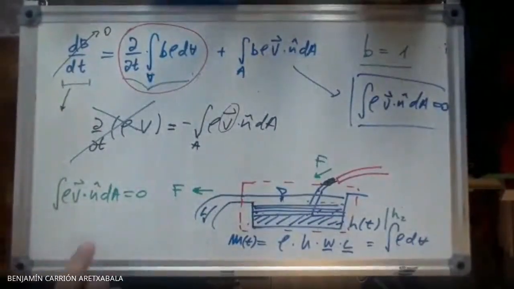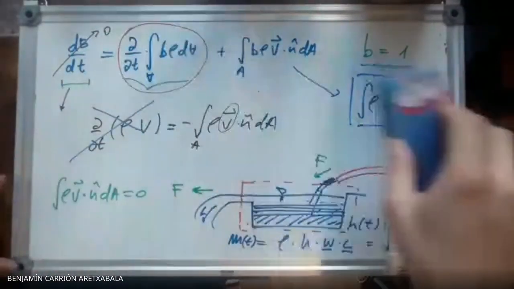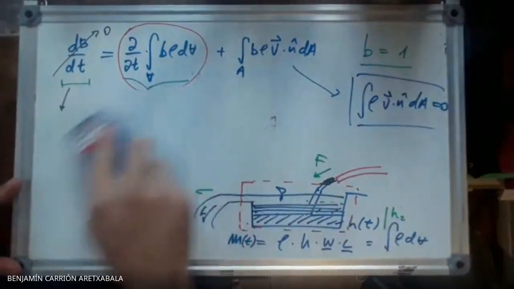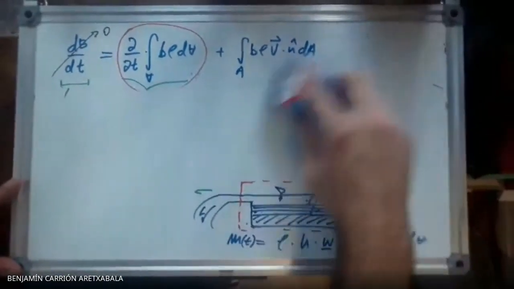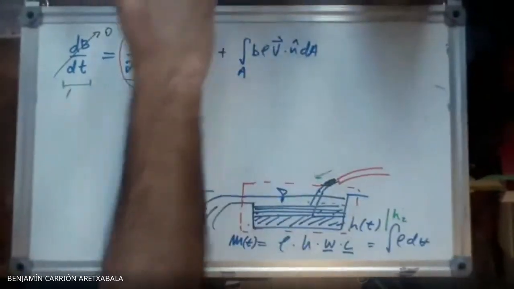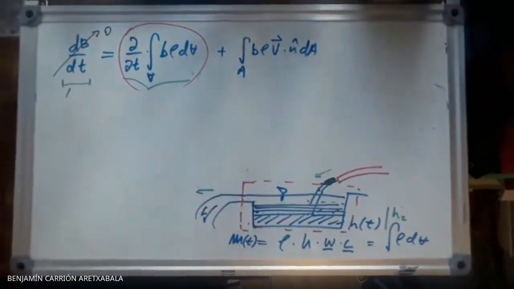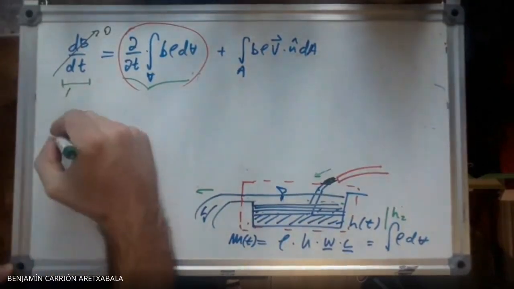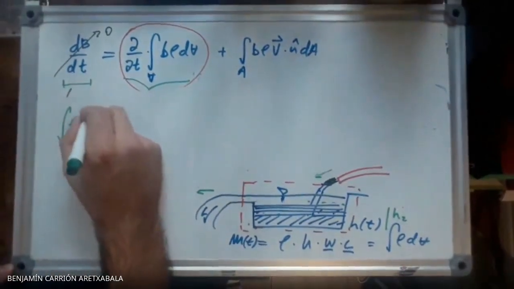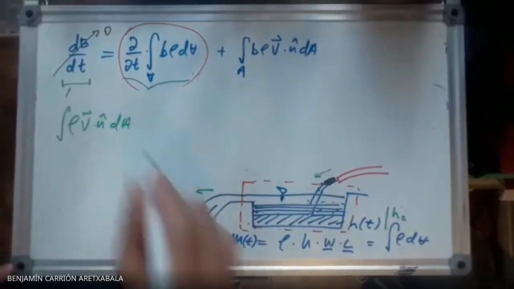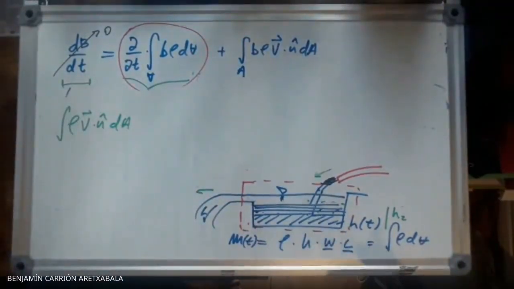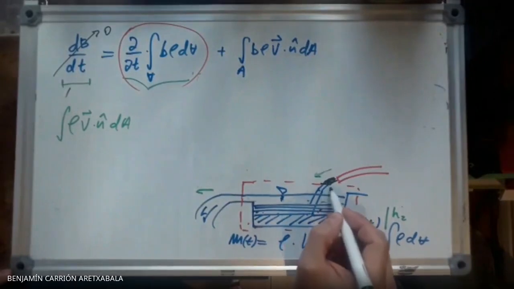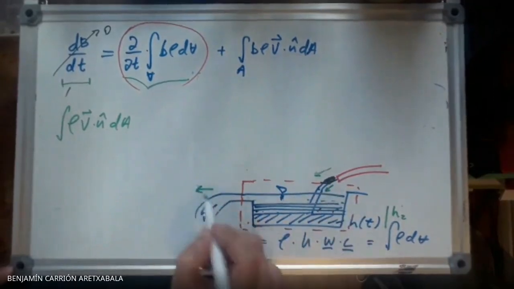Okay, is that clear for everyone? Normally we can separate this into surfaces. So we have this equation, rho v dot n dA, and in this case, like in many cases, we have one inflow and one outflow.